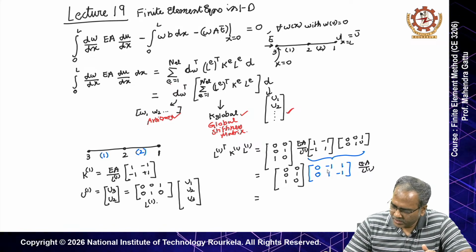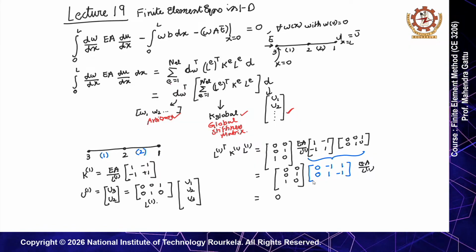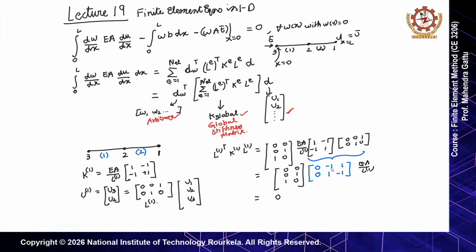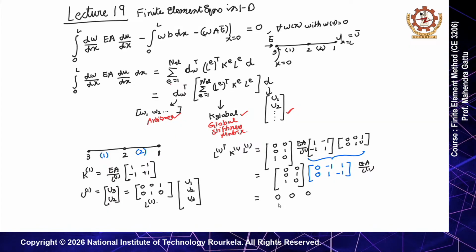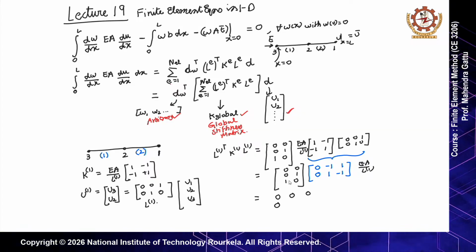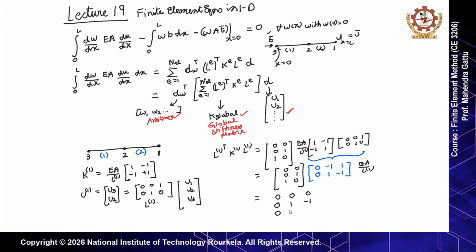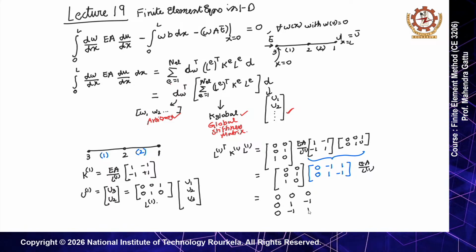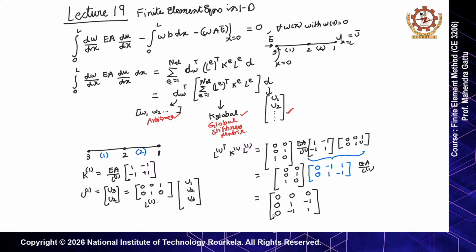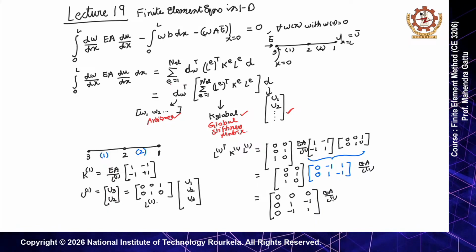We go ahead with the multiplication: the first row is 0, 0, 0, and the second row we get 0, plus 1 and minus 1, the third 0, minus 1 and plus 1. So, this is our first matrix, the L1 transpose K1 L1 term.